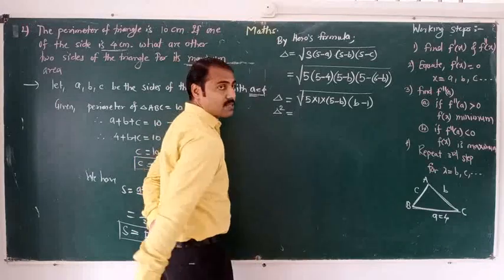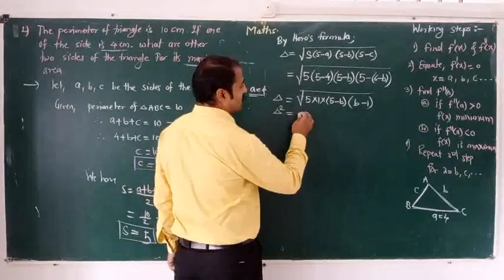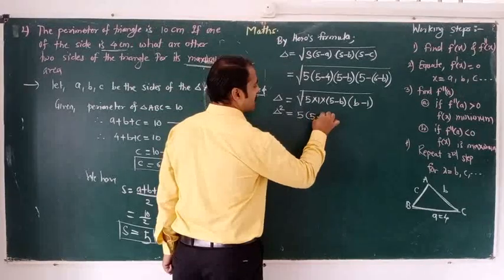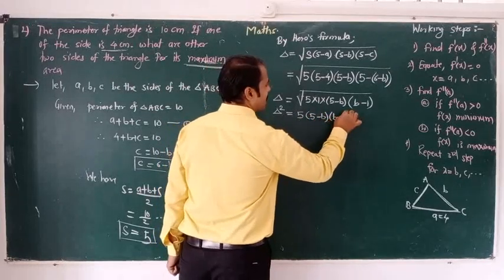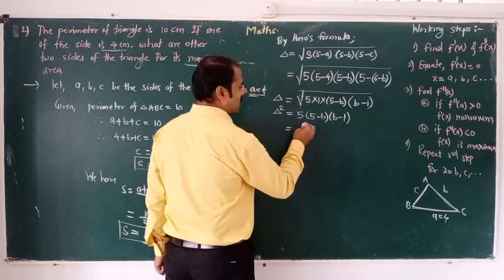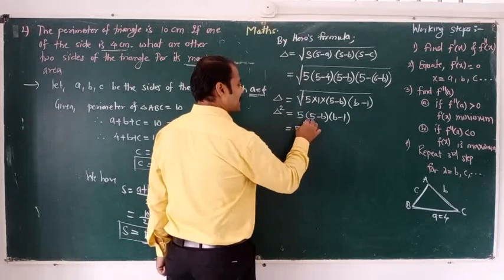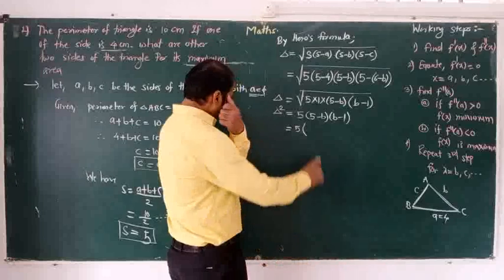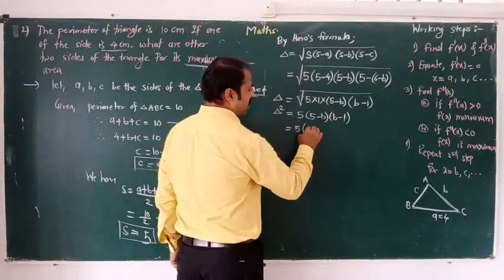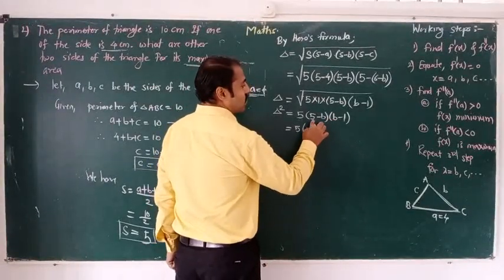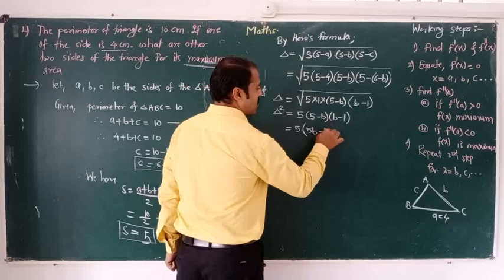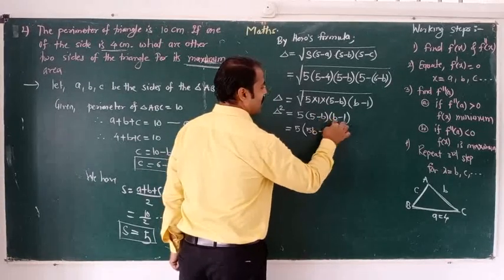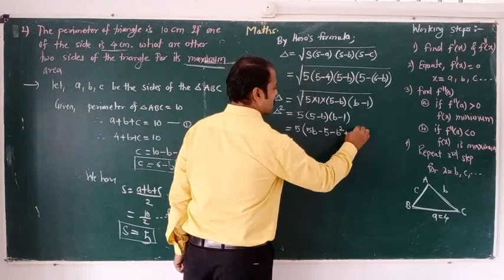Squaring both sides, we get delta square is equal to 5 as it is into 5 minus b into b minus 1. 5 minus b into b minus 1: 5 into b is 5b, 5 into minus 1 is minus 5, minus b into b is minus b square, minus b into minus 1 is plus b.